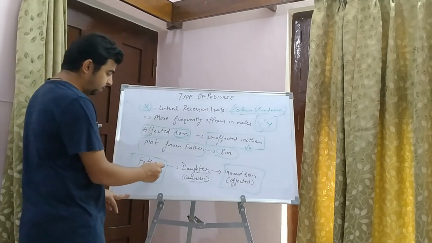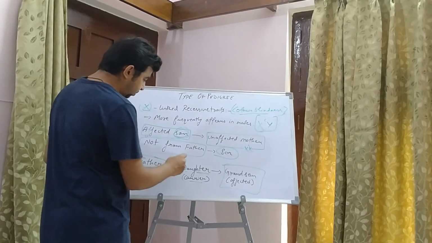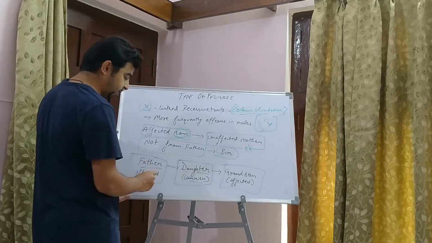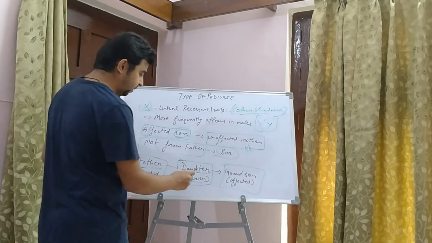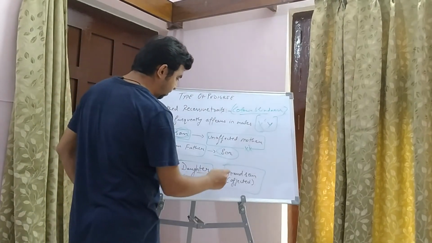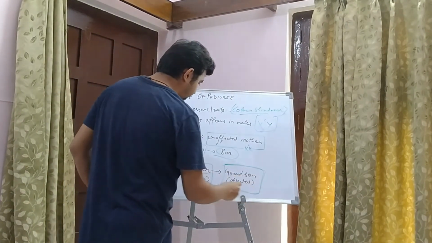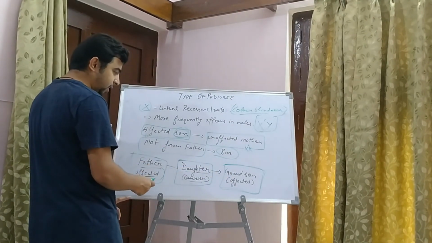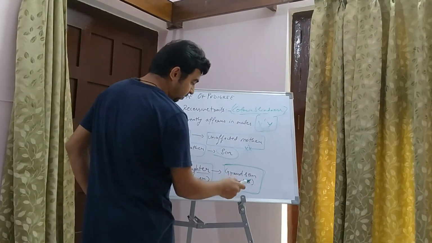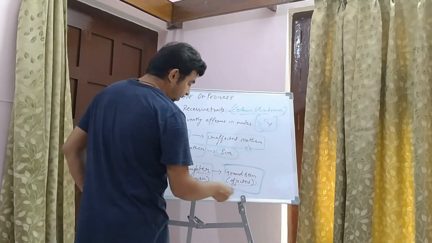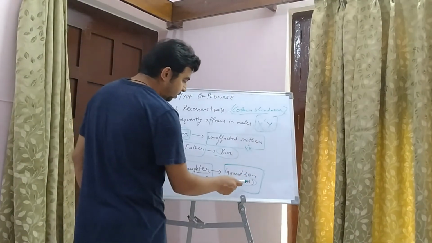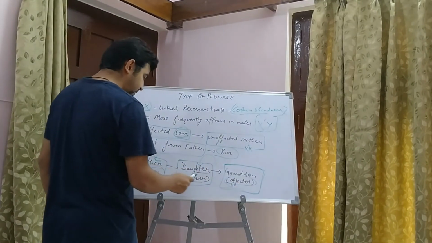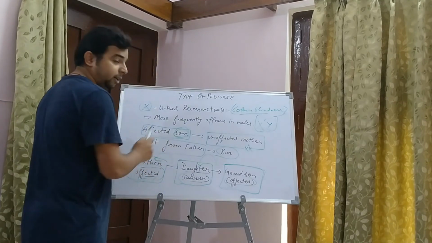From father to daughter, now the daughter is the carrier for color blindness. Now when this daughter gets married, the grandson of this father who was affected with color blindness is also affected. How was he affected? Because the daughter of the father was a carrier for color blindness.